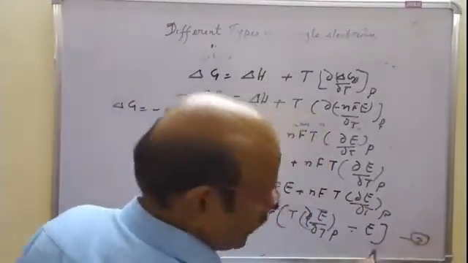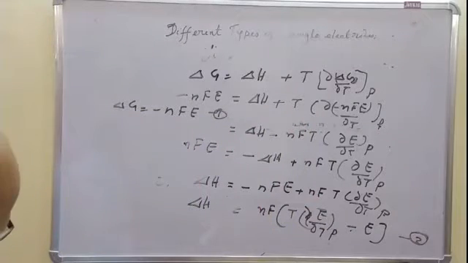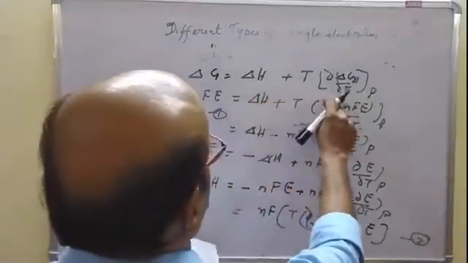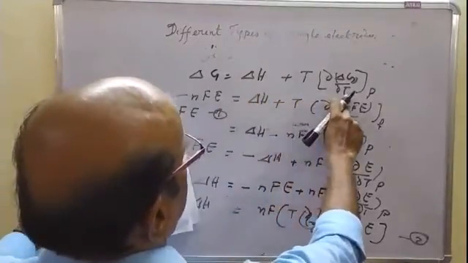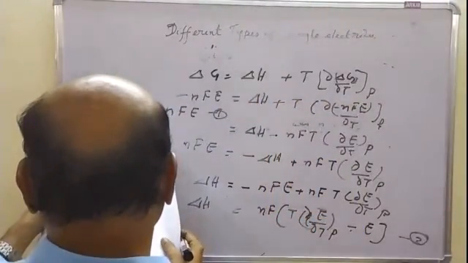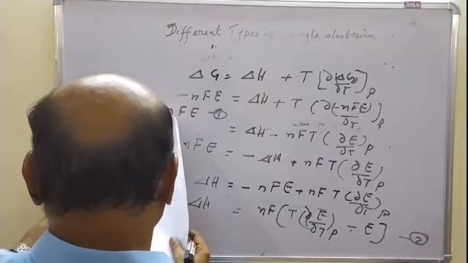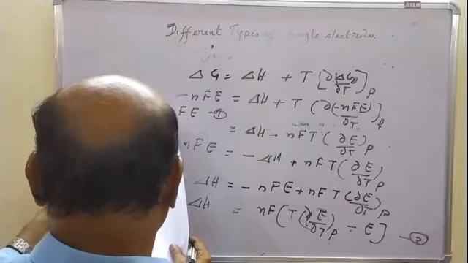Then find delta S. Now you wish to get the value for delta S. Comparing with the equation delta G is equal to delta H plus T into d delta G by dT at constant pressure, which is T delta S.